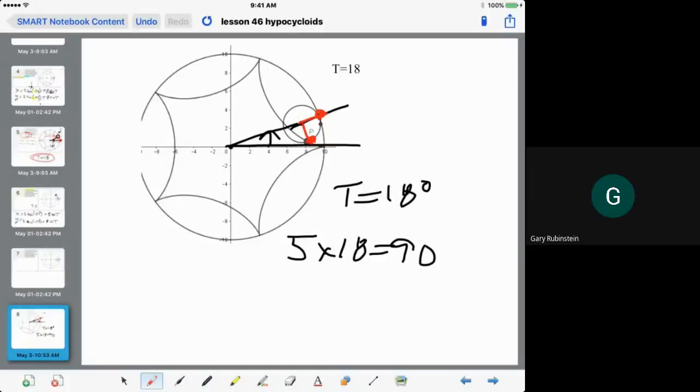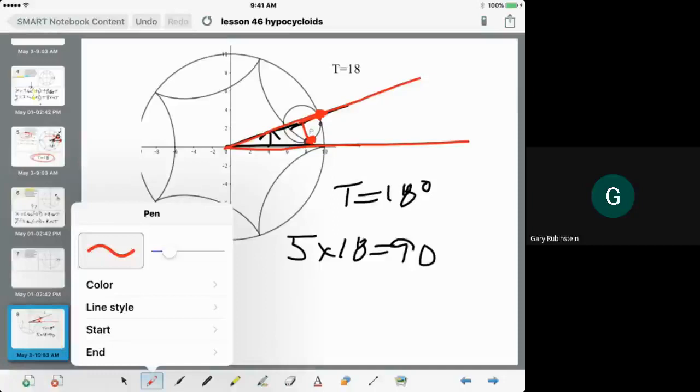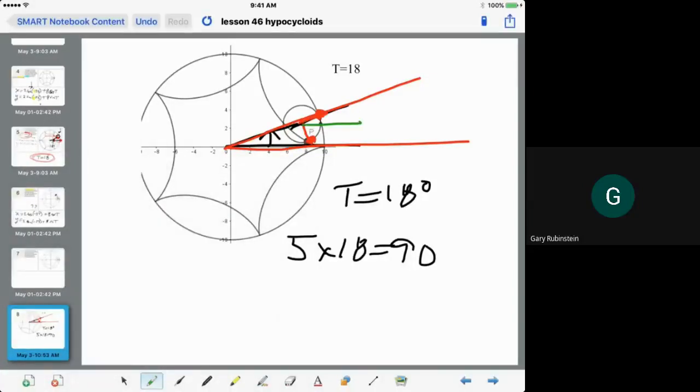But when we measure the position on the circle, we don't measure with respect to this line. We measure with respect to this line. And the sneaky trick here is if I draw in one more line, namely this one, this would be 18 degrees also.